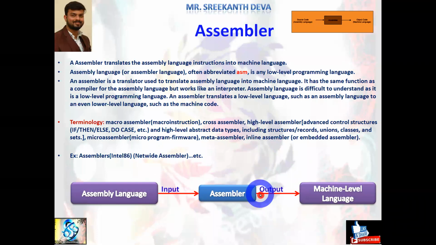It is used in second generation programming languages. Assembly language is also a low level language, but it is on top of machine language. Here the assembler is a language translator that converts assembly language into machine language. Here we are using symbolic representations like mnemonics, like add, subtraction, load, like that.